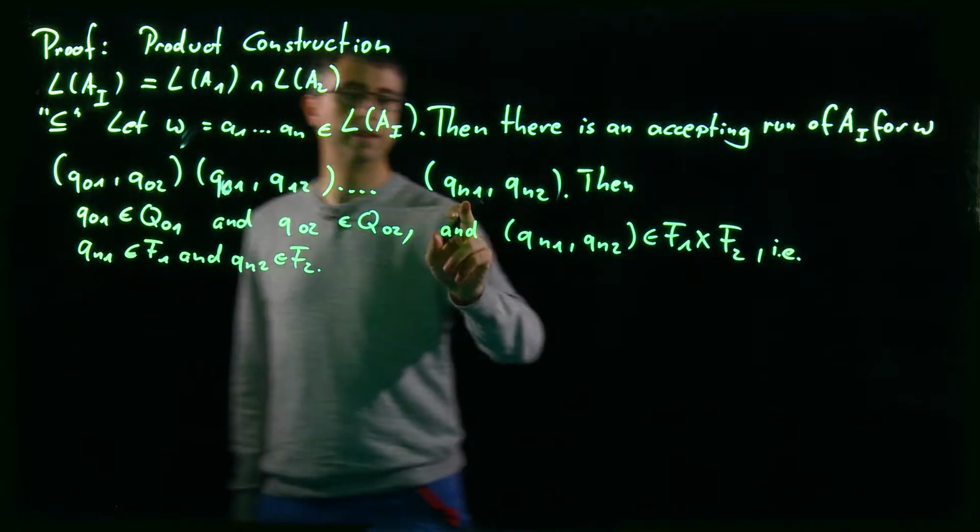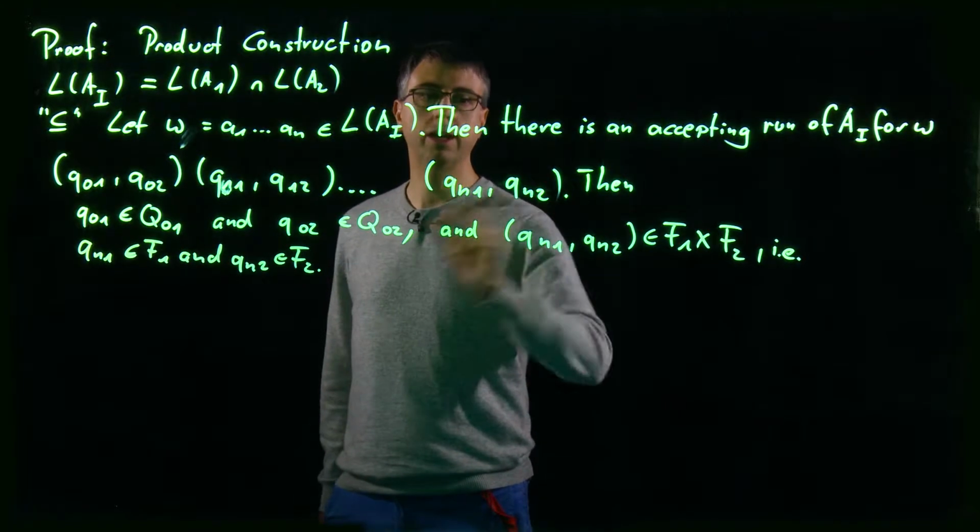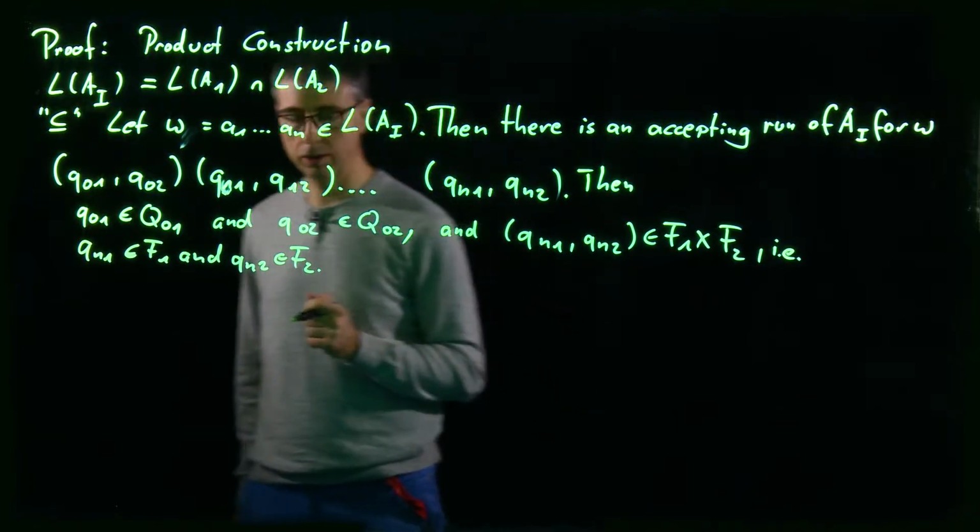So this state is an accepting state in the first automaton, and this state is an accepting state in the second automaton.